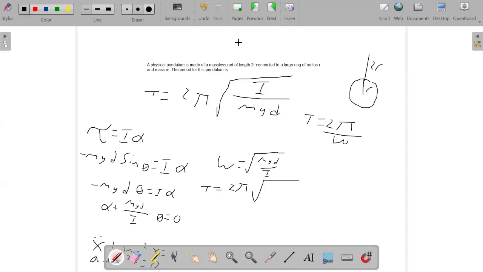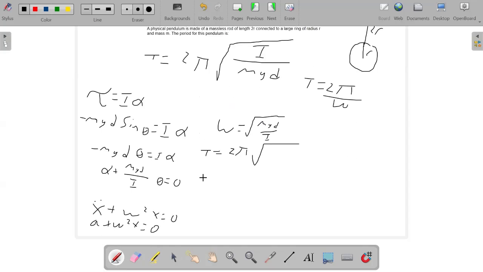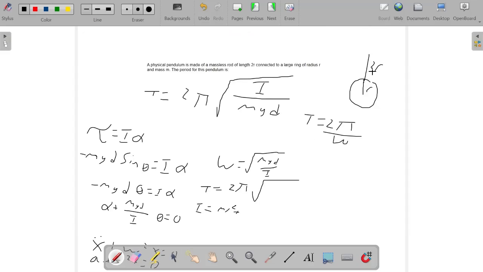The inertia for that is going to be, I should write the I here. So first it's going to be I of the ring, and that's just going to be mr squared plus what you need for a parallel axis theorem, which you'll notice is it's rotating around an axis that's 3r away from the center. This 2r, and then remember to add in this r here because this inertia is for if it was rotating about a point right here in the center. We are 3r away from the center.